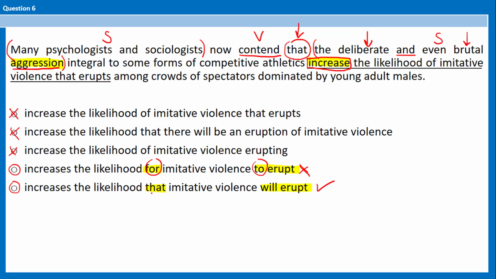Likelihood needs the word that plus a subject plus a verb in the future. Okay? Likelihood that, subject plus verb in the future. That is the correct idiom. We eliminate number 4, and E is my best choice. If you have any question, email me at verbal@gmail.com.